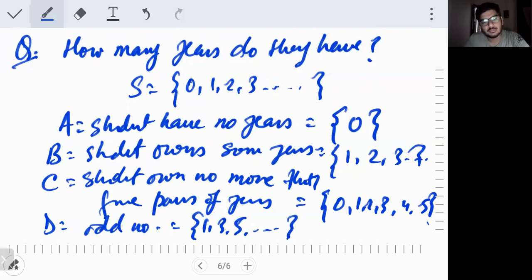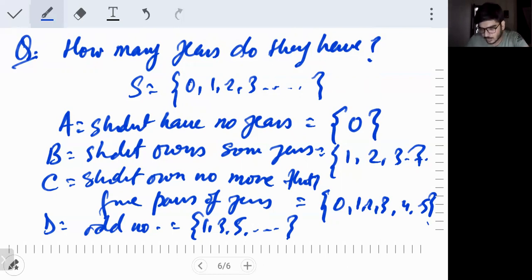So this is the way we define an event. An event could be that the student has no jeans, or has some jeans, or owns no more than 5 pairs of jeans, or owns an odd number of pairs of jeans.